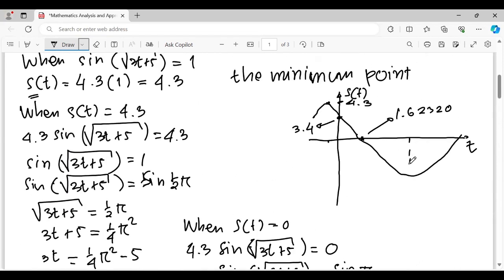So this is minus 4.3, and this is 5.73553. Okay.